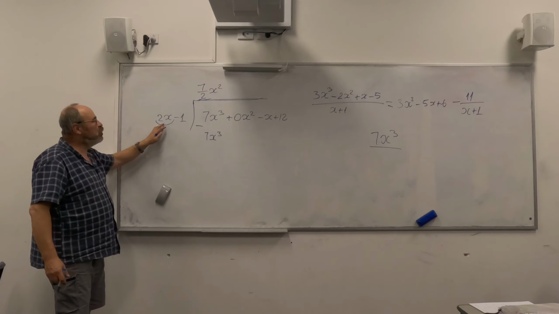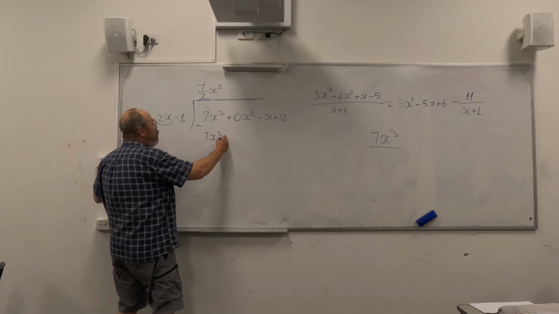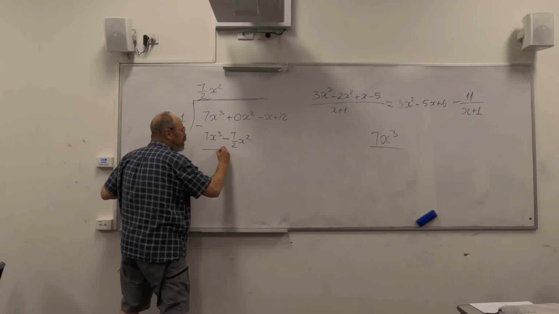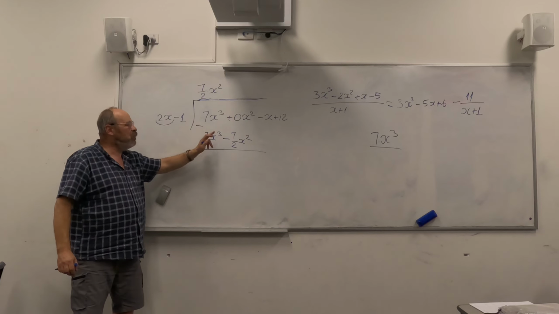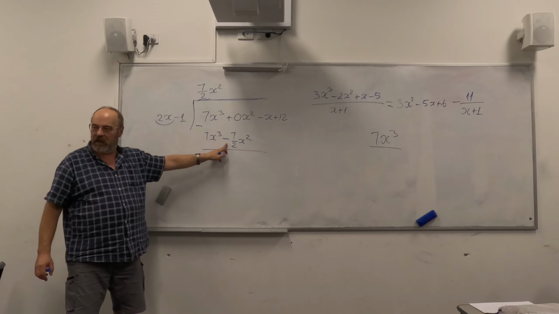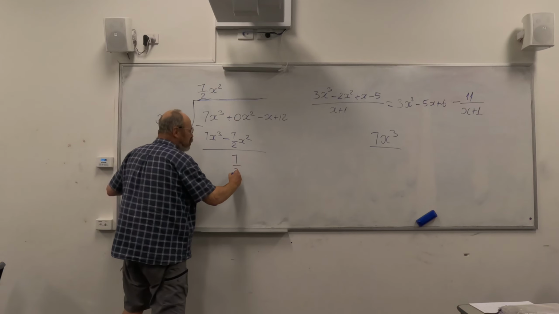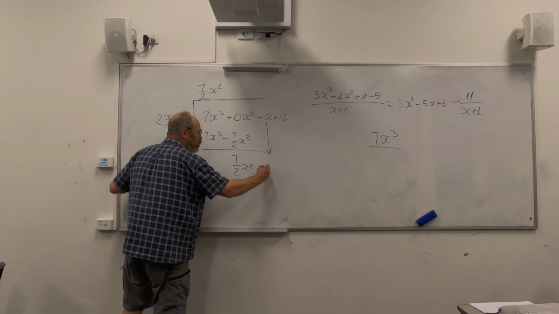Now minus 1 times 7 on 2 gives minus 7 on 2 x squared. We subtract: 0 minus negative 7 on 2 x squared is positive 7 on 2 x squared, and we drop the next one, minus x.